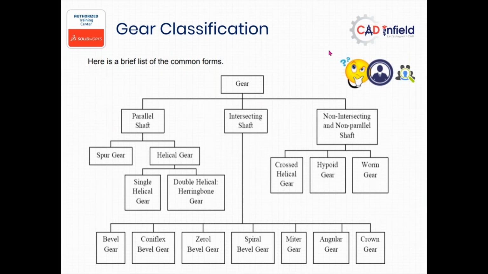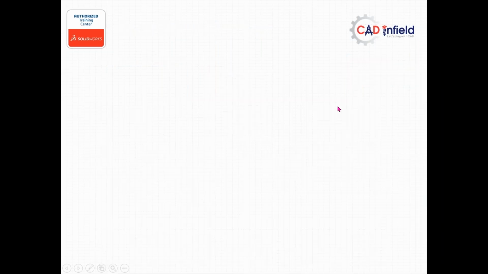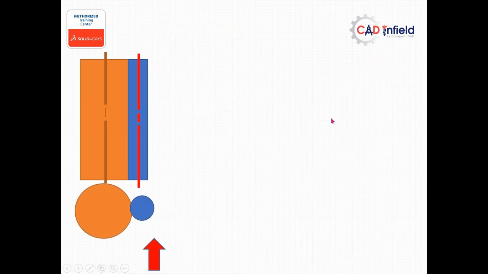Okay, so let's elaborate. I have elaborated this with a very handsome schematic sketch. I will start with my new slide. Here you can see we have two colors. I have mentioned the shaft axis. The axis of the shaft is parallel. For the spur gear, both the shafts are parallel.